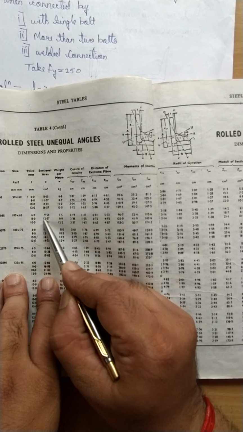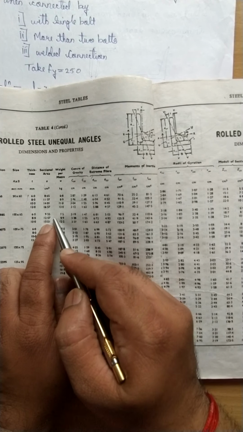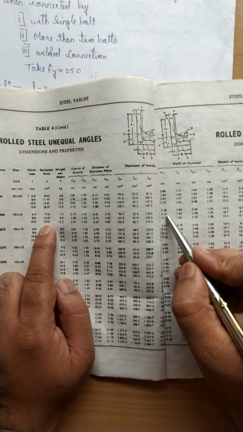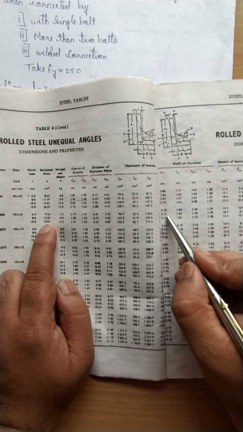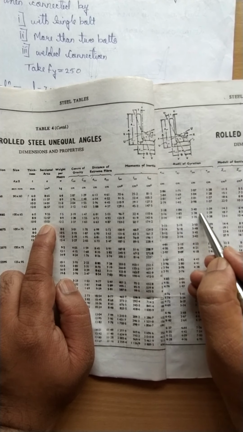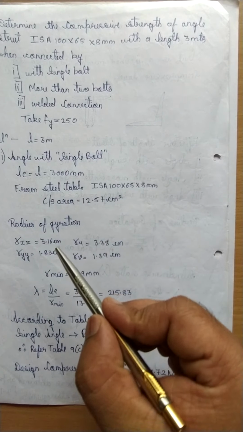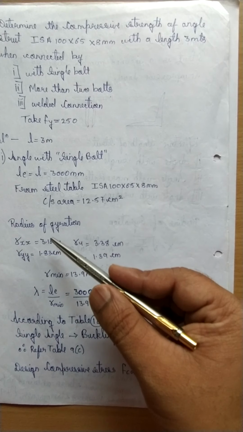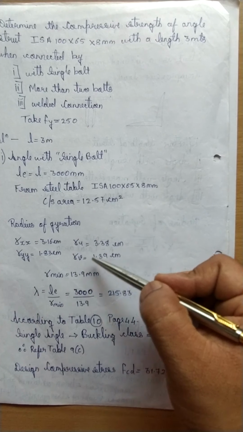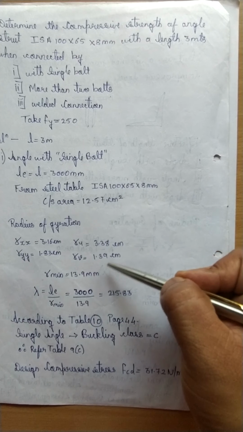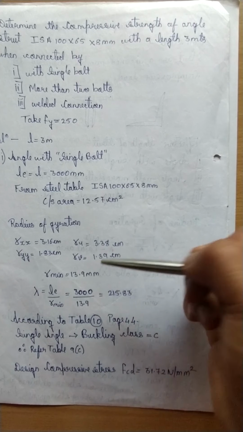The cross section area is 12.57 centimeter square and the radii of gyration are 3.16, 1.83, 3.38 and 1.39. So, this is what we have noted down here. The minimum radius of gyration r minimum is the minimum out of these, which is 1.39 centimeter, so 13.9 mm.